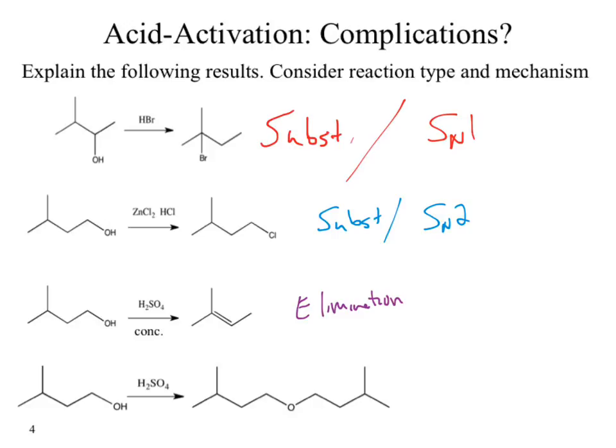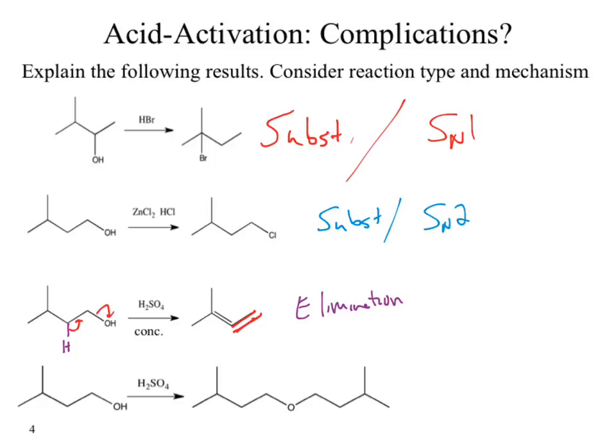If it does E2, what happens? The removal of the hydrogen and the leaving group happens at the exact same instant, and the product we get? The pi bond forms in the least substituted position. Is that where the pi bond product is shown?